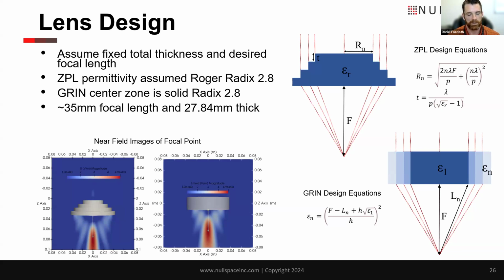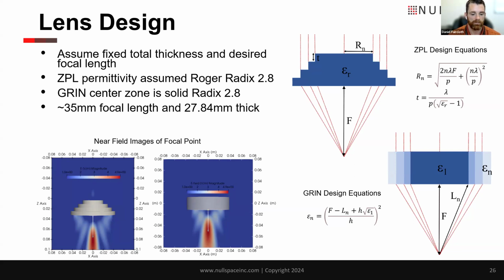So on the design side, these are fairly simple lenses that actually have an analytic starting point for the design. If we assume a fixed total thickness of both lenses and a desired focal length, both lenses are assumed to be printed using Rogers Radix 2.8, which Phil described earlier.